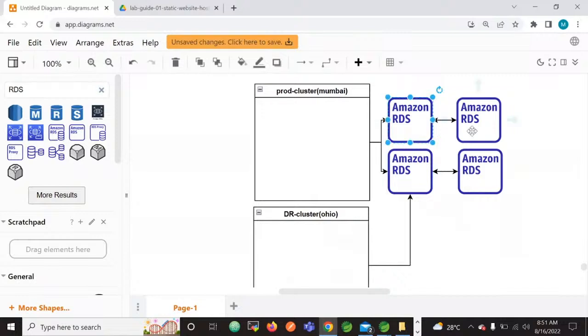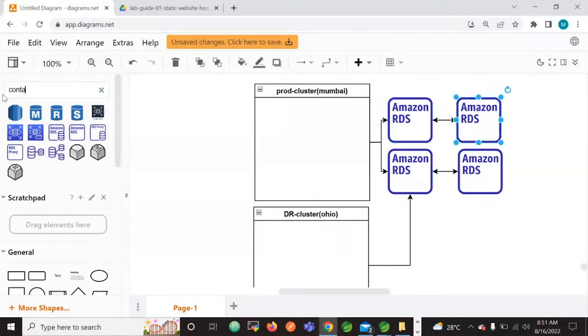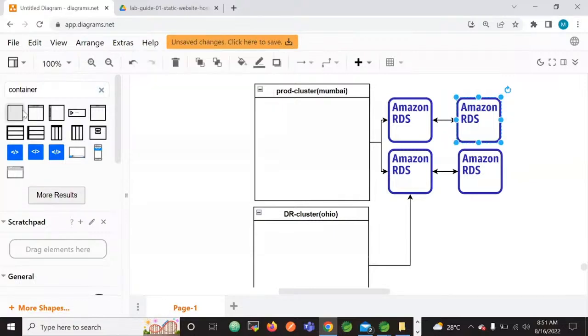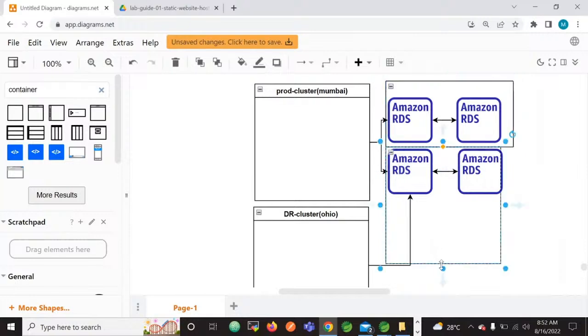Now, these databases will be kept inside the Mumbai region here. So this is the Mumbai region databases, whereas these are all the databases that are there in the Ohio region. This is the Ohio region dataset.